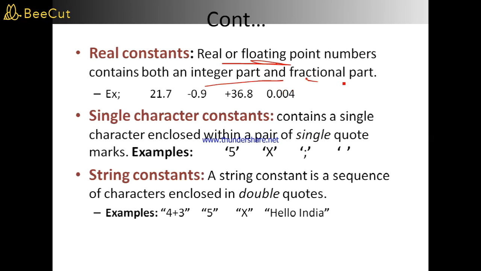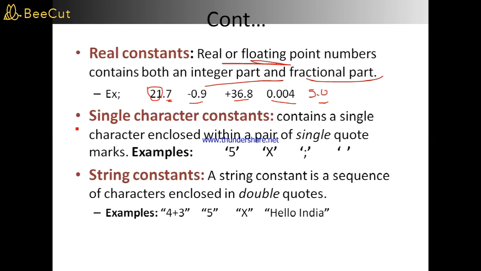The integer part comes before the decimal point, and the fractional part comes after the decimal point. For example, 21.7, minus 0.7, 36 point. So in any combination, there must be a fraction. Clear? So I can represent 5 like this, 5.0. This will become a real constant only, right? It is also called a floating point number.